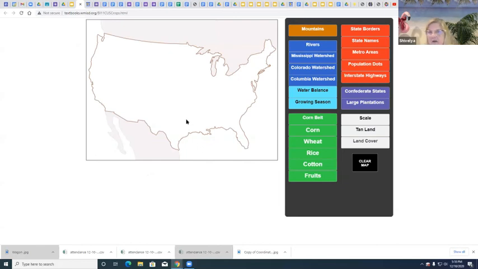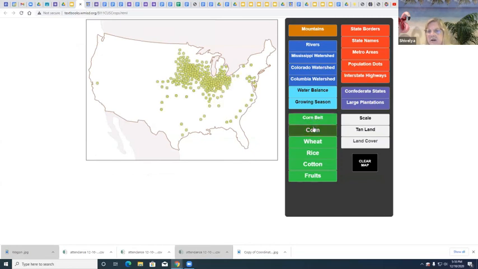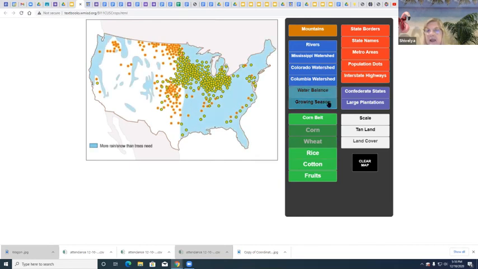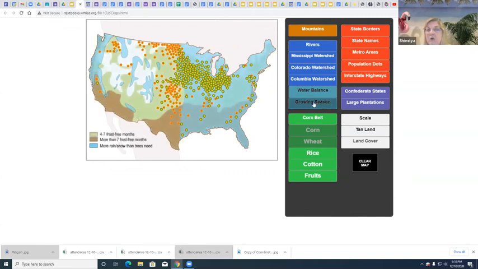We have a North America clickable map, but we also have one of the United States. And so we have them go through and put in some of the different crops that are grown and where they're grown. And then we also look at the water balance. And on top of that, we can also look at the growing season.